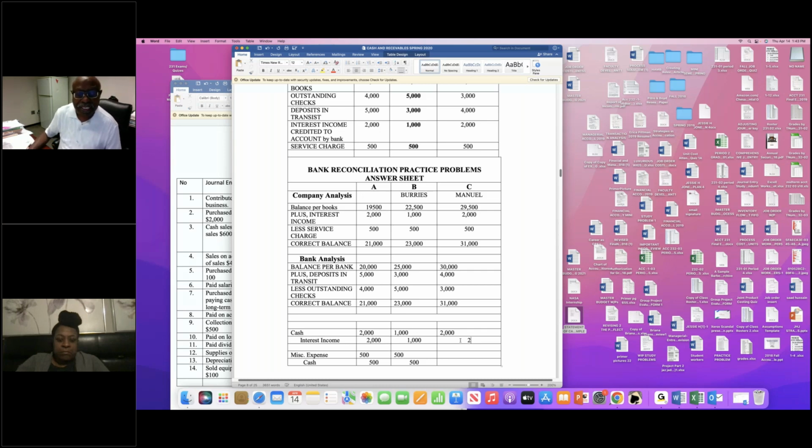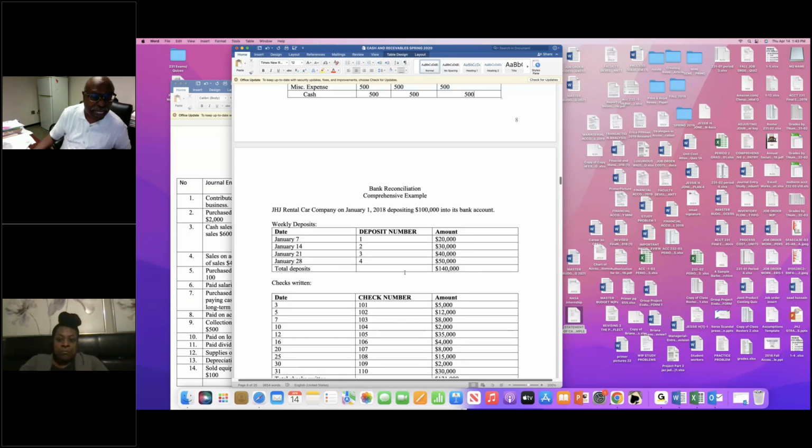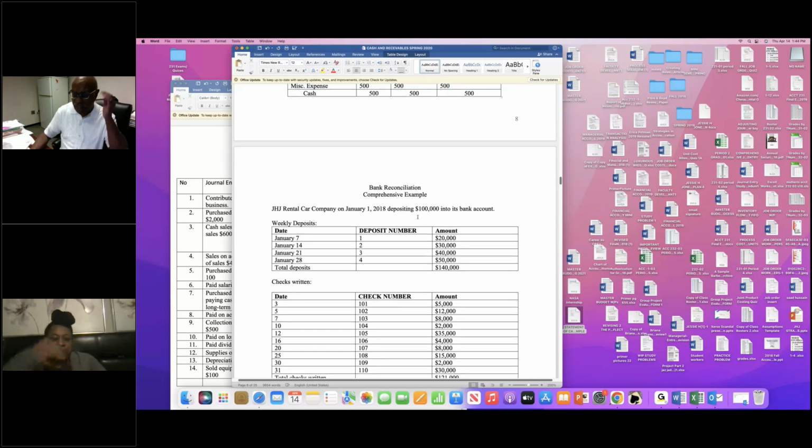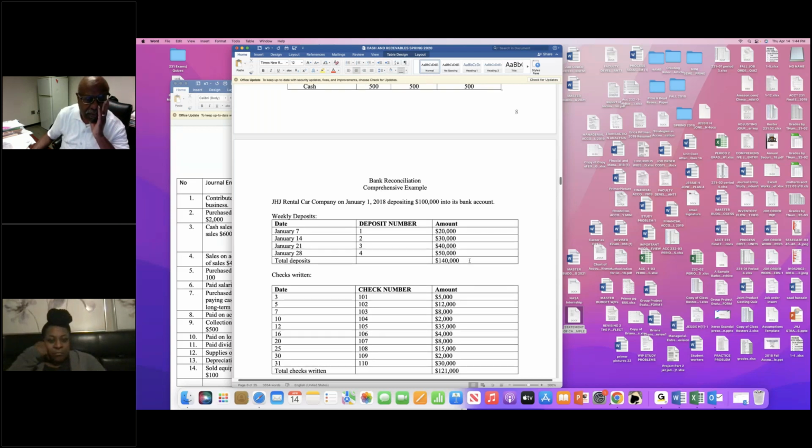Okay. So that's a simple one where everything is laid out for you. Suppose you had a more comprehensive one where you can see JHJ Roan Company started by depositing 100,000 in the bank. Then it made weekly deposits of 140,000, so 20, 30, 40, and 50.